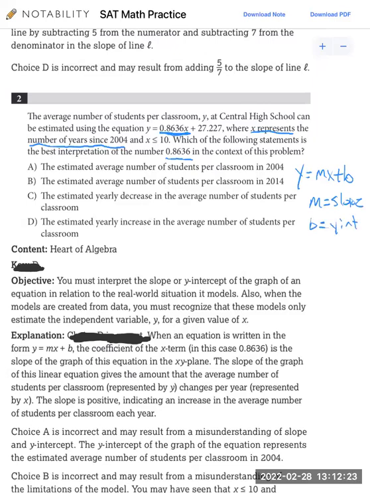So we know 27 is our y-intercept, and we know that 0.8636 is our slope, right? So that being said, we simply can find an answer with slope in it, but they're not going to make it that easy on us. What they like to do on the SAT is make sure you know the content.